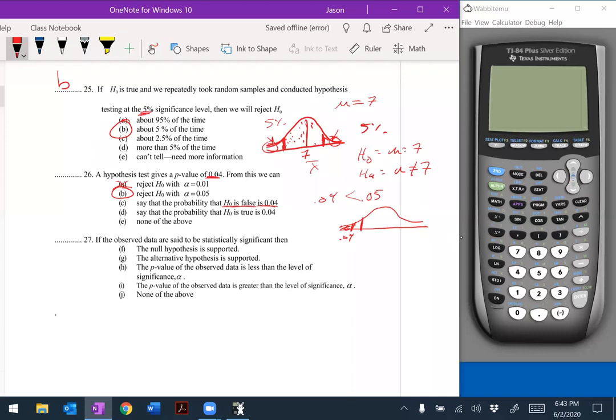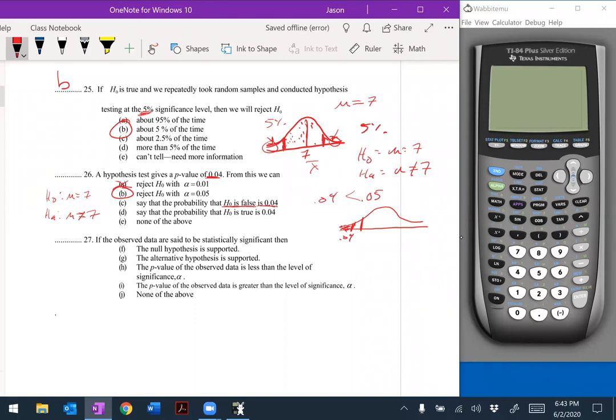We say that the probability that H0 is false. Let's think of this. H0, we'll just run with mu equals 7, HA mu is not equal to 7. If I run and get a p-value, what does that p-value tell me?